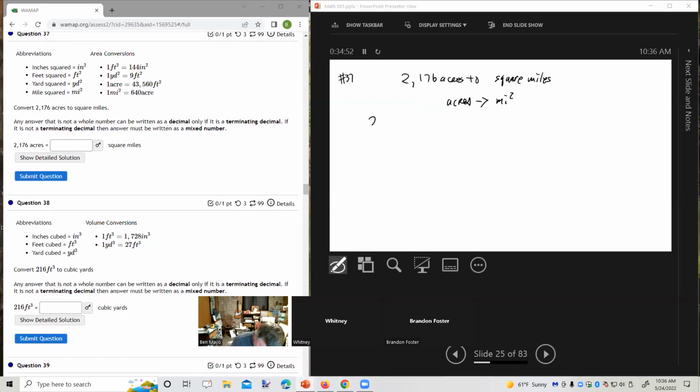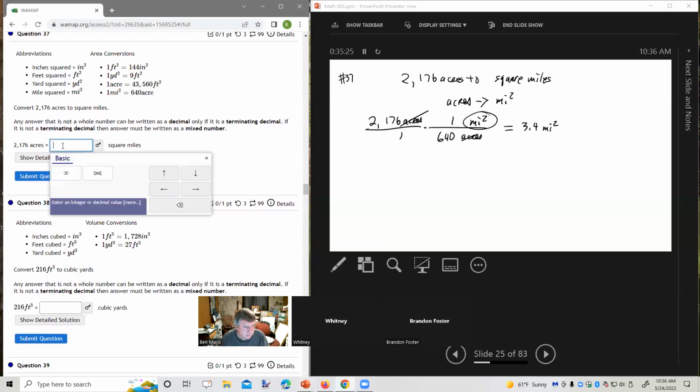So there's my roadmap, 2,176 acres over 1, and then acres, square miles. 1 square mile is 640 acres. Units of acres cross out. I have square miles left over. I'm going to do 2,176 divided by 640 comes out to 3.4 square miles.